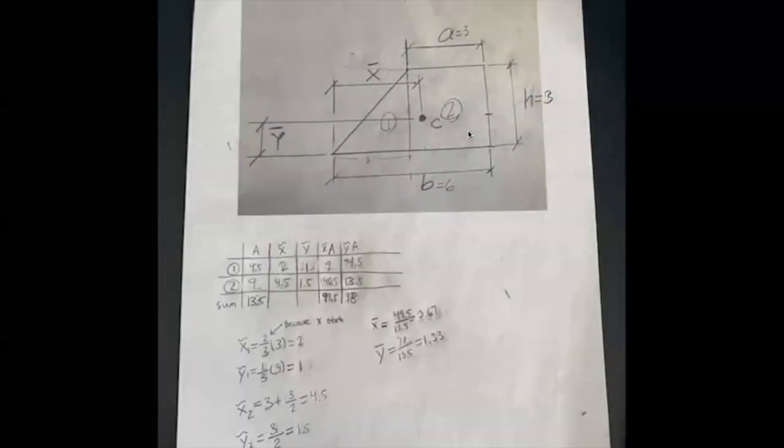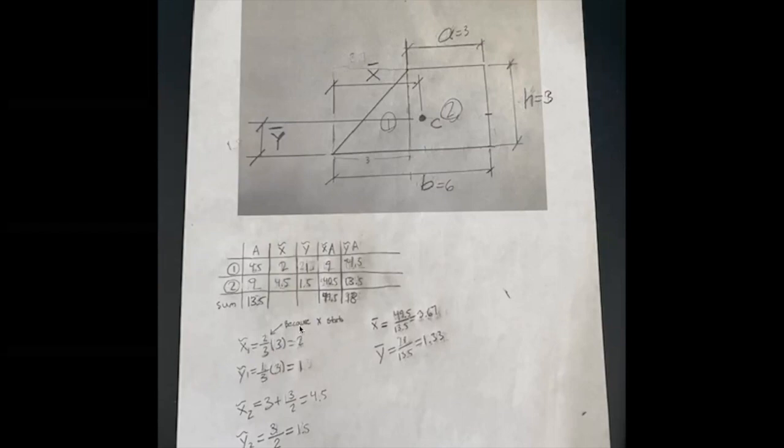Okay, once we get that, you can see I plugged in numbers for our formulas. So I did 2/3 times 3, our base here, and then 1/3 times 3, this length here, and we get our centroid there, about here.